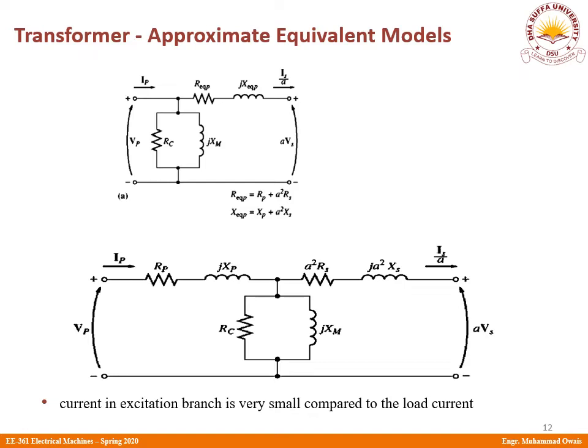The resistances we have are RP and another resistance, and the reactances are here, XP. You can simply add these together, as shown here. So R equivalent at the primary side is R equivalent primary equals RP plus a square RS.